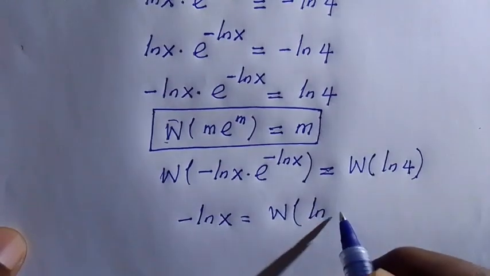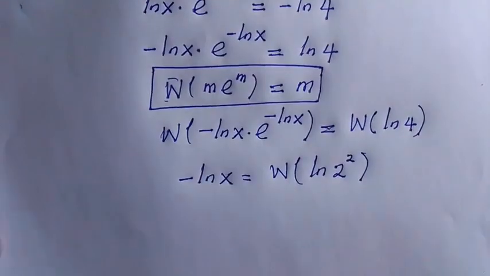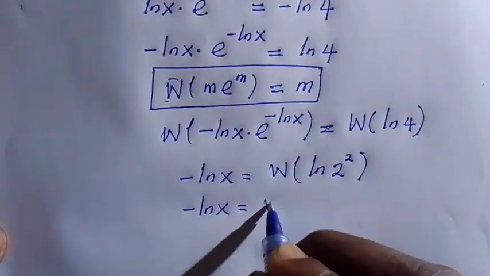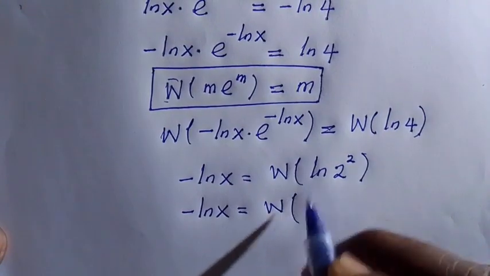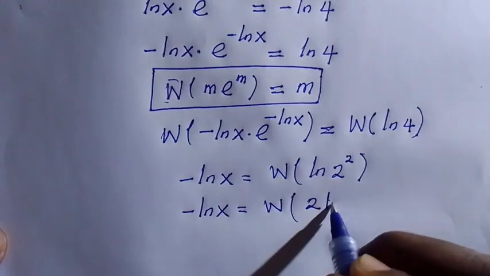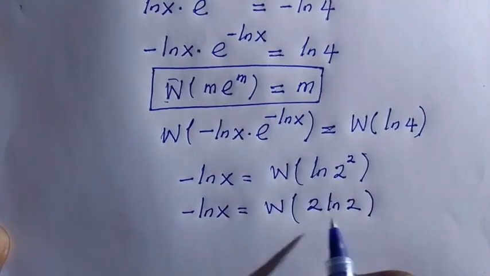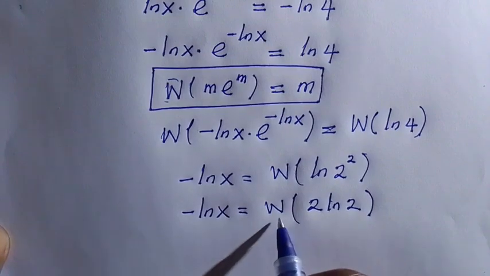We can write it as ln 2 to the power of 2. Alright, and from here we have minus ln x equals omega of, by the rule of logarithm, we can take the 2 down and we write 2 ln 2. For the second time, I want to make sure that I have another Lambert function here.